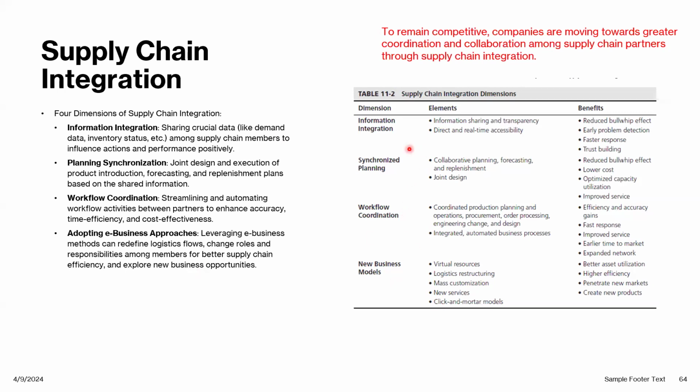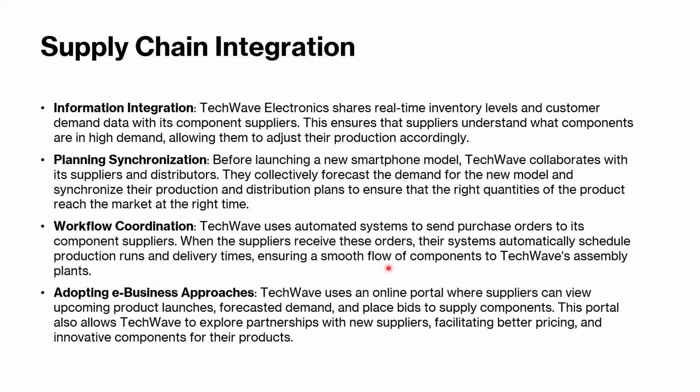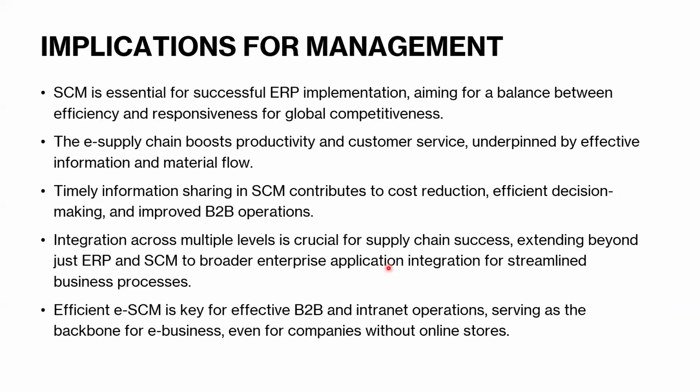Information integration: maybe you have your own centralized database, and how you are going to do the channeling to these databases, synchronized planning, workflow, right? Business process workflow coordination is very important. And you may even think about a new business model, right? These are more detailed explanations, but I won't go into much detail here.